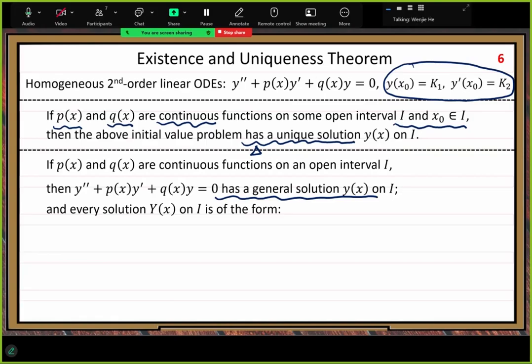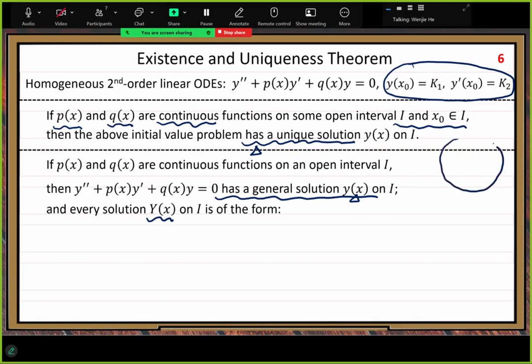And every solution capital Y. Here you can see this place we use little y, this place we use capital Y, because the emphasis is different. Here we want to cover all the solutions for this homogeneous equation.